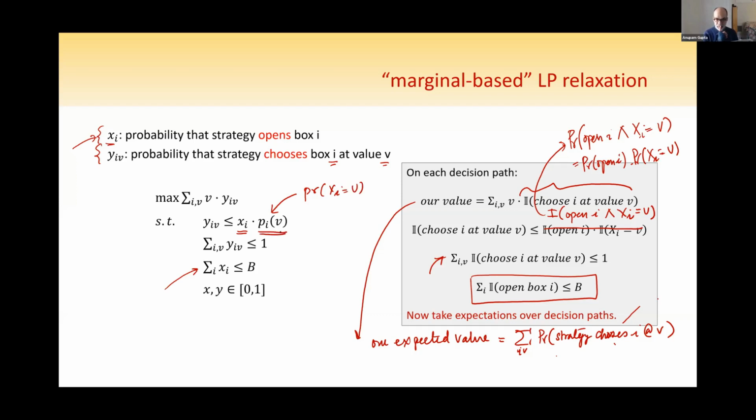Okay. So I want you to think of the following. The total number of choices I made is at most one, at whatever value, I don't care.